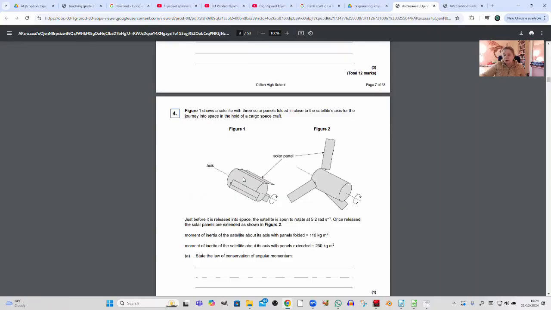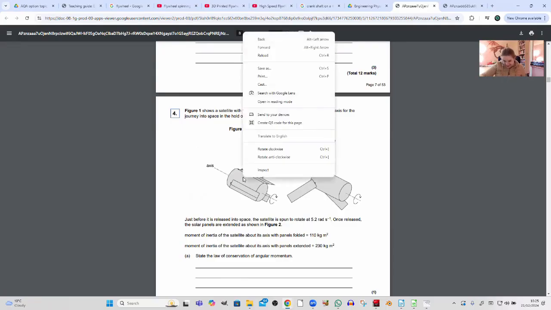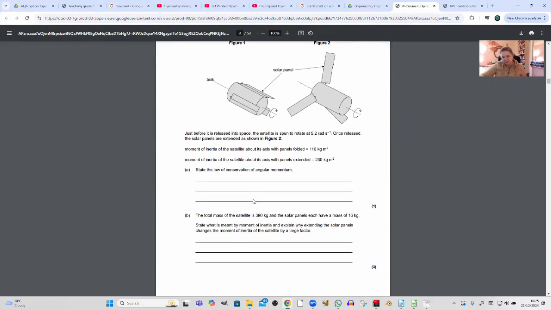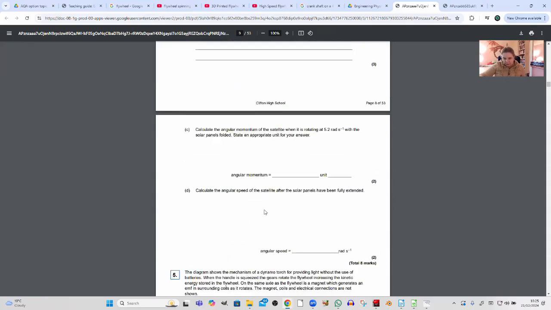Oh, look, more than one picture showing how the solar panels move out and how that's going to change the shape of this device that's rotating. You've got the axis of rotation, and they've given you the direction and the curly arrow that shows you that it's rotating about that axis, and so on.